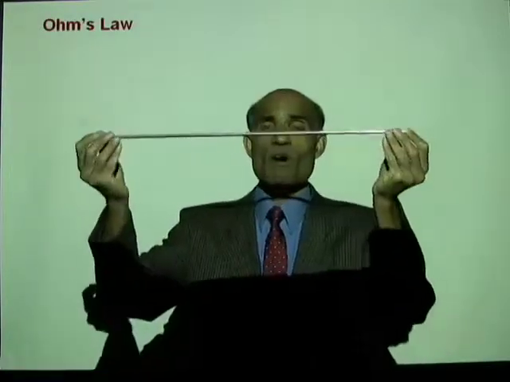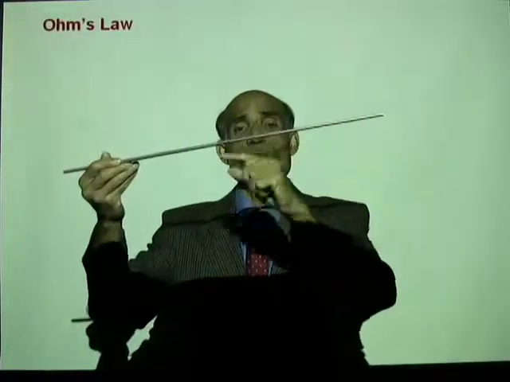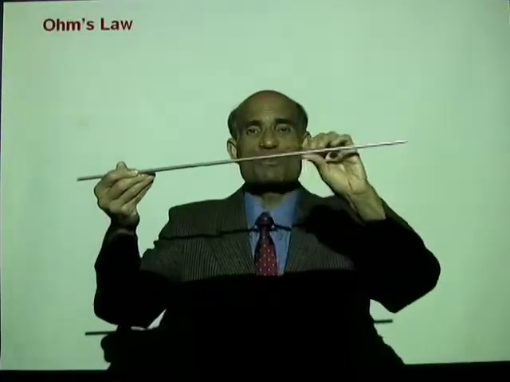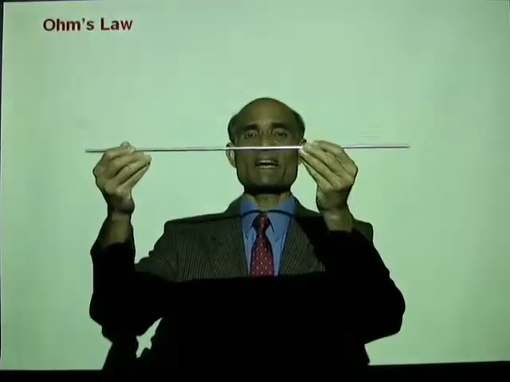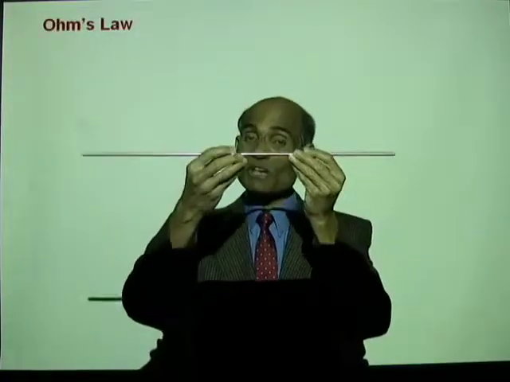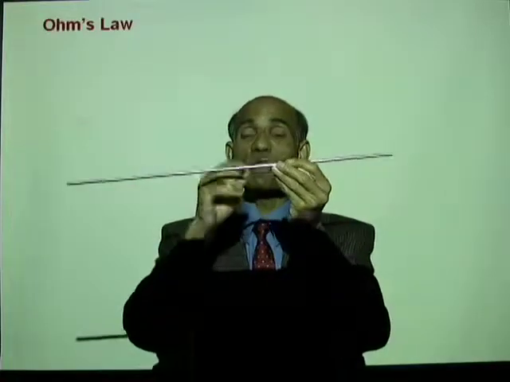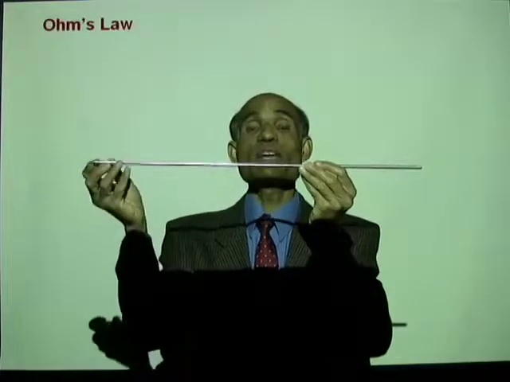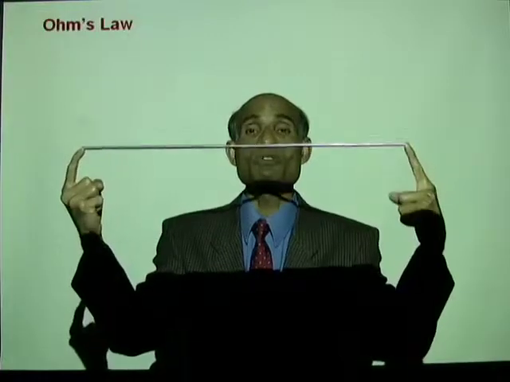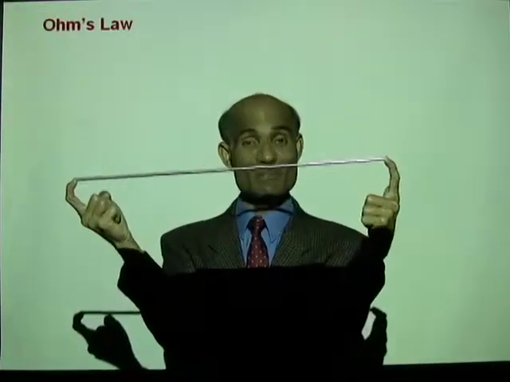Okay, we will now discuss a very important law in electric current, electricity, called Ohm's law. Now, what does Ohm's law deal with? Well, you remember, how will it be possible to make an electric current flow through a conductor like this? An electric current can be made to flow in a conductor if we can produce a potential difference between the ends of the conductor.